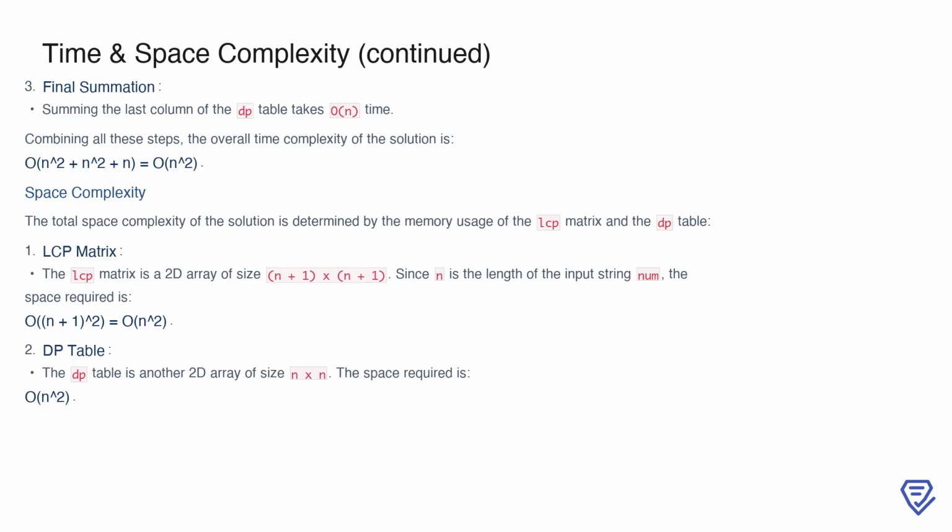Now let's consider the space complexity. The memory usage of the solution largely comes from the LCP matrix and the DP table. The LCP matrix is a 2D array of size (n plus 1) by (n plus 1), so its space requirement is O((n plus 1) squared), which simplifies to O(n squared). Similarly, the DP table is a 2D array of size n by n, contributing another O(n squared) to the space complexity.